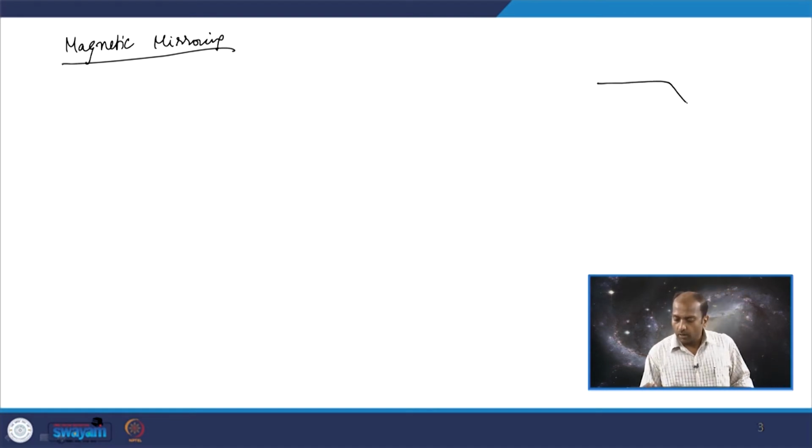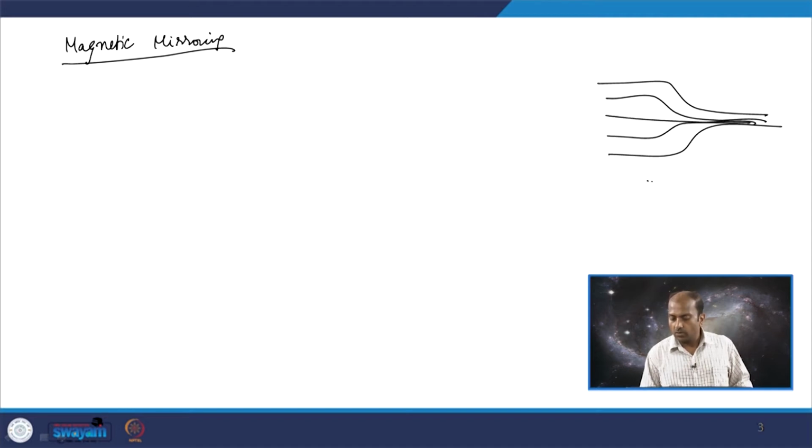So, we have considered a magnetic field which is converging, that means the number of magnetic field lines here are more, and as it goes across this z direction, the field lines are converging. So, the field strength is increasing along the positive z axis, right. In this particular case, we wanted to understand how this field will allow the particles to be trapped.